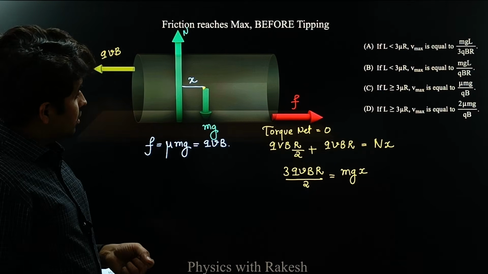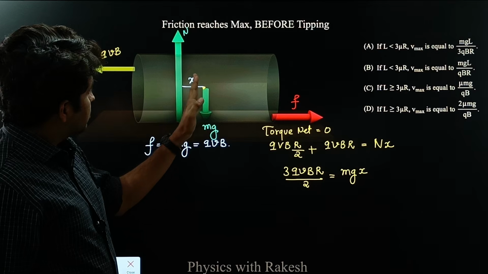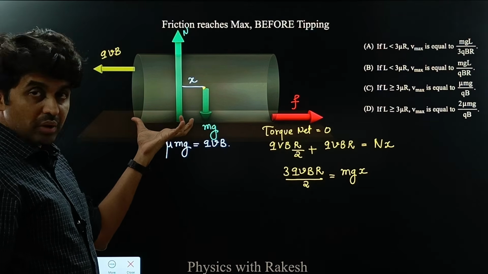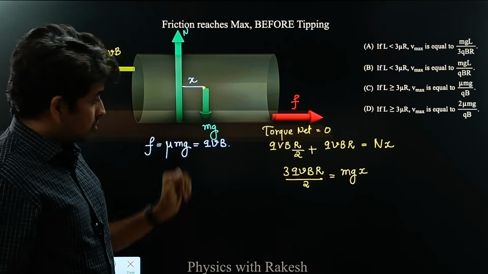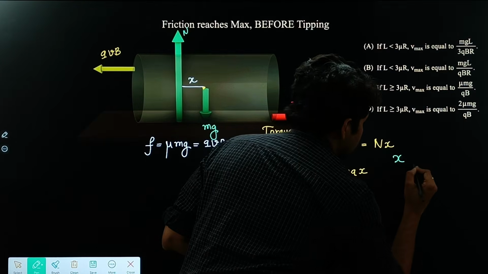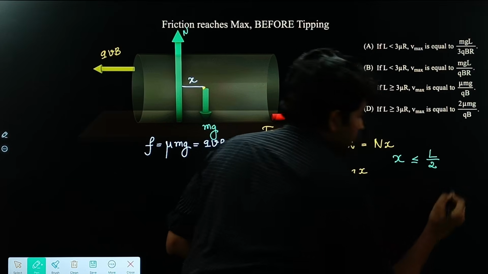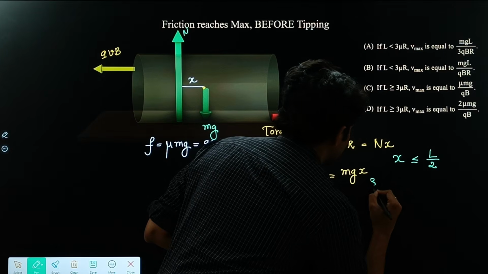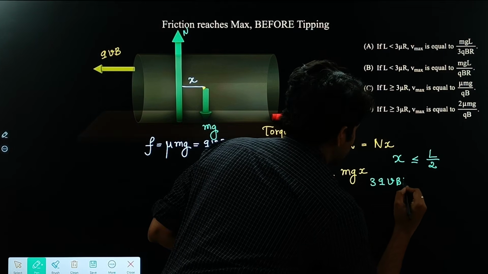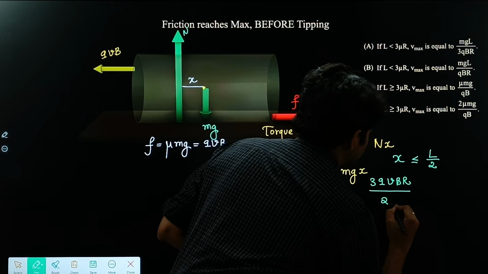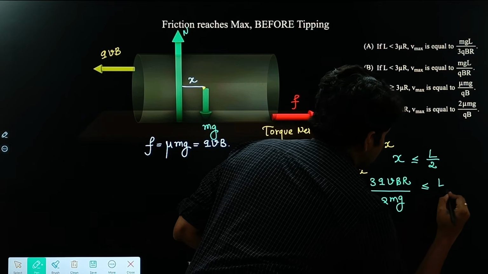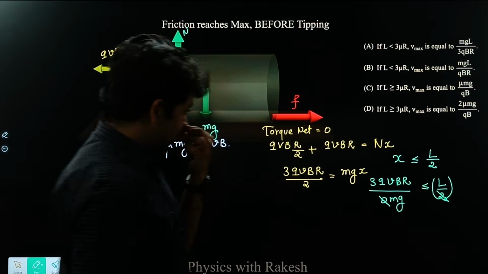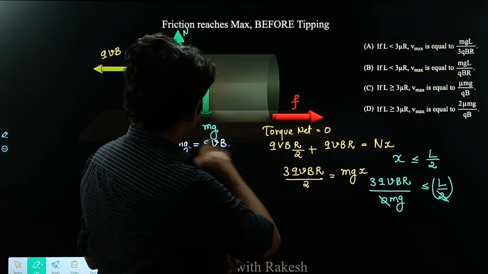Now if this tipping is occurring after, can we say this X must be lesser than L by 2? Normal should be on this side, right? So this X must be lesser than or equal to L by 2. Putting X from here, we get 3QVBR divided by 2mg must be lesser than or equal to L by 2. Cancel out these two, and we know again QVB is nothing but mu mg.